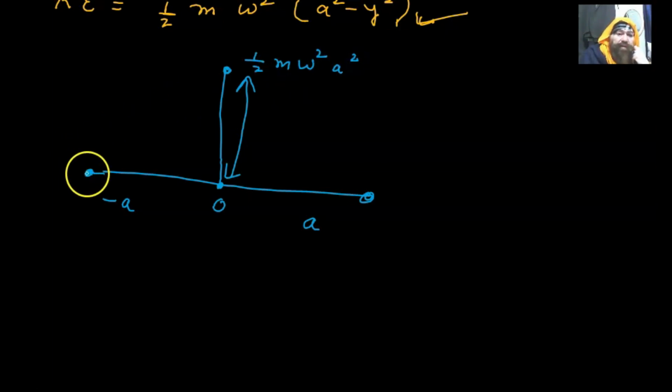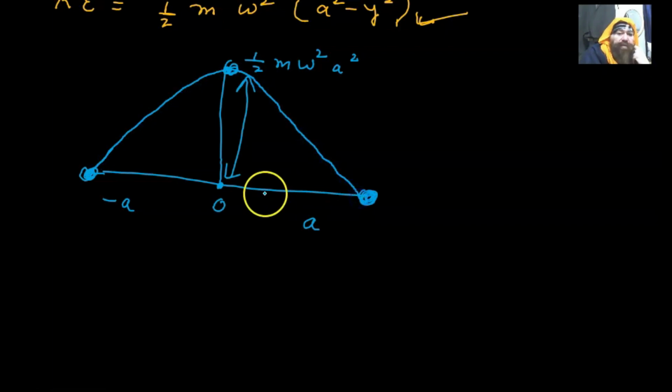At the extremes it is 0. So as the particle goes from mean to extreme, kinetic energy keeps decreasing till it becomes 0.